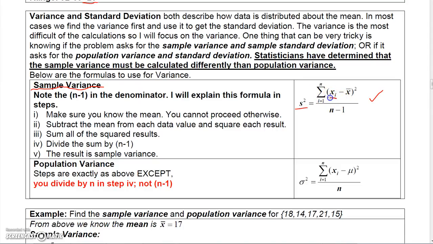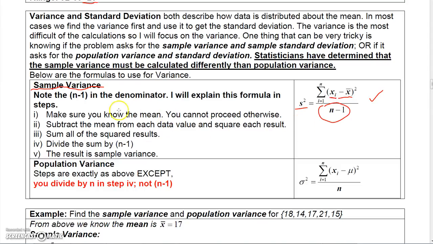Well, xi would be your data value. So we take each data value, subtract the mean, and then square it. We have to do that for each data value, and then we add all of those values up. But that's not the last thing to do. The last thing you do is you divide by n minus 1.